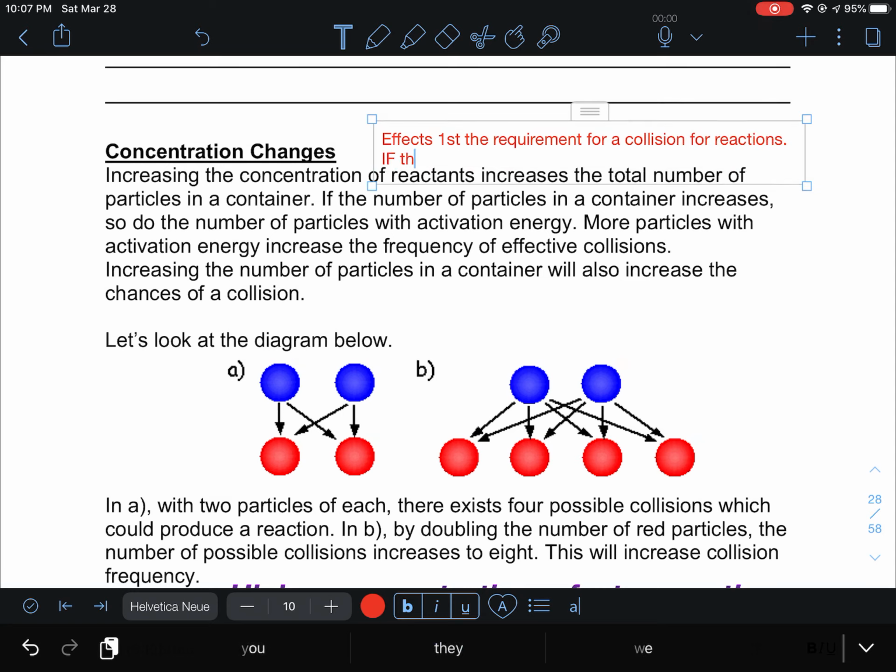If there is not sufficient concentration, then reaction is unlikely, or then collision is unlikely.